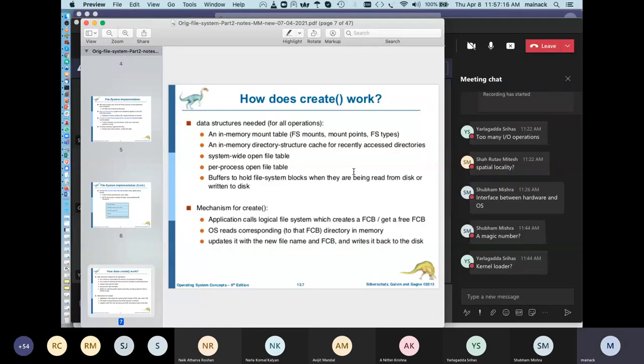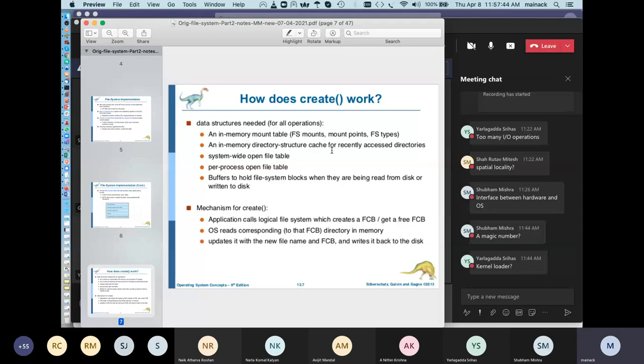So first is the in-memory mount table, which resides in the RAM, where everything is information about the mounted volumes and the start of each file system. Then you have an in-memory structure, also residing in the RAM to make it faster, that holds a part of the directory structure for recently accessed directories.